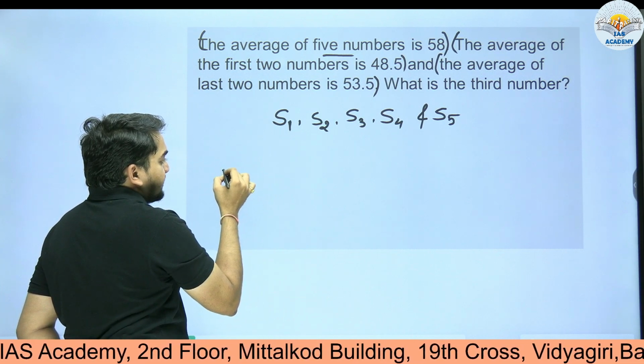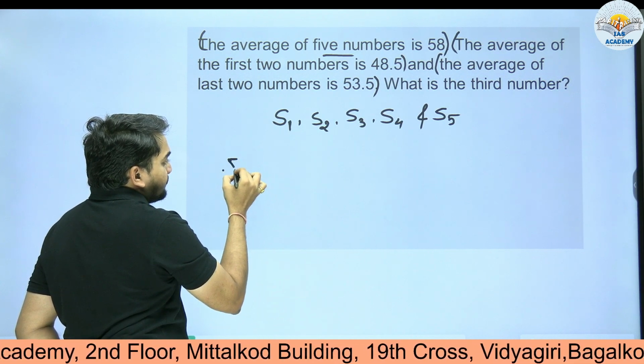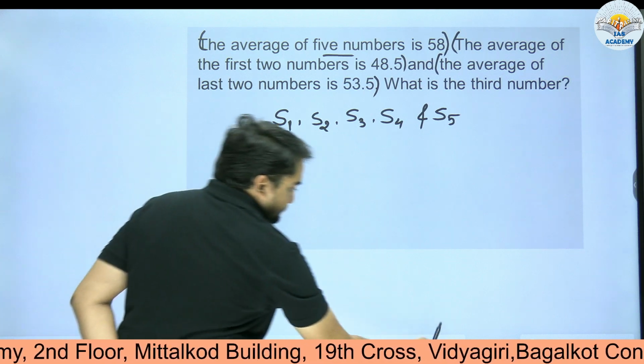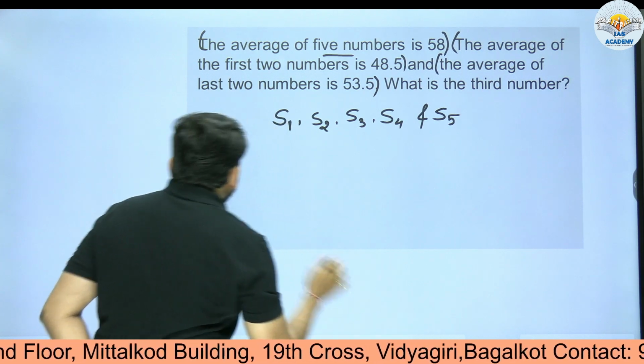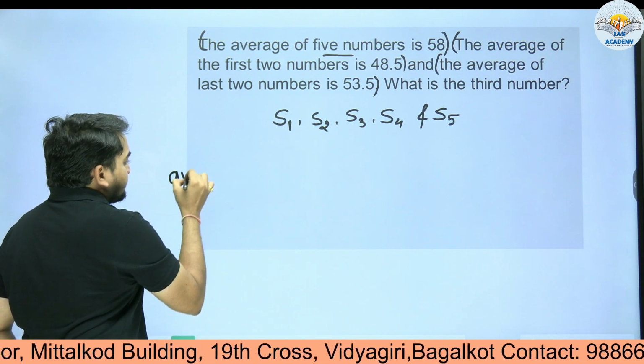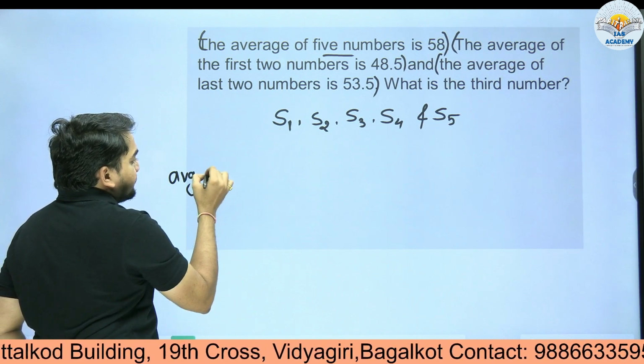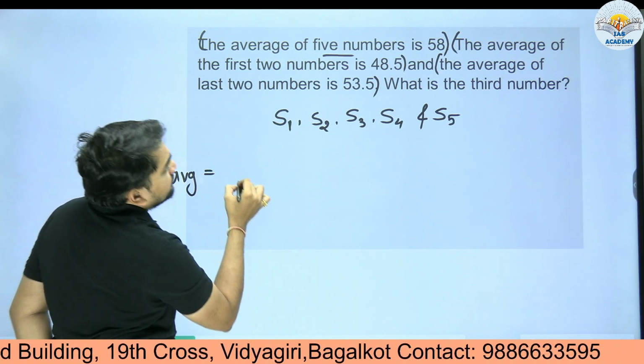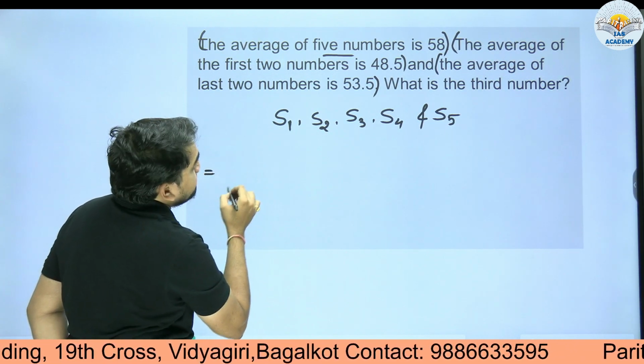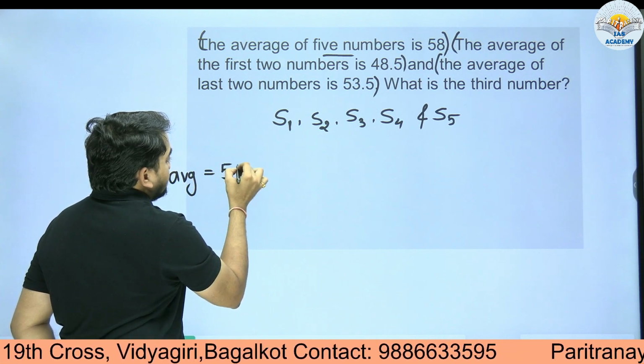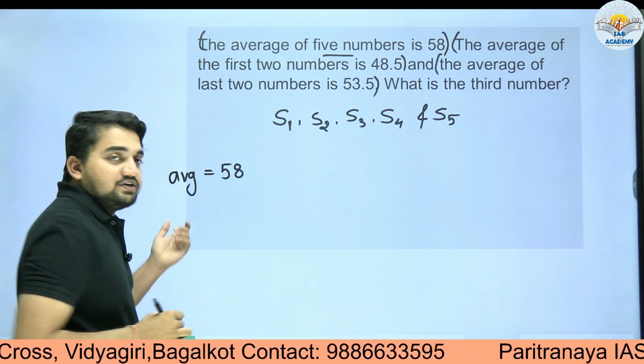The first hint they have given is that the average of the first 5 numbers is 58. All right. What is the average formula?